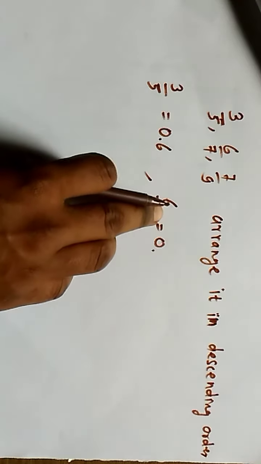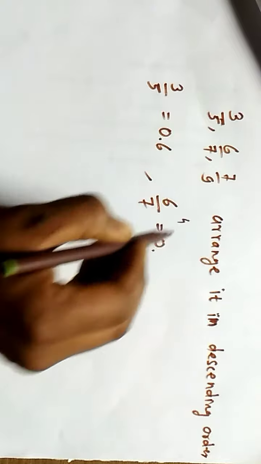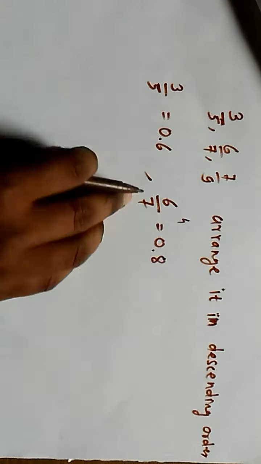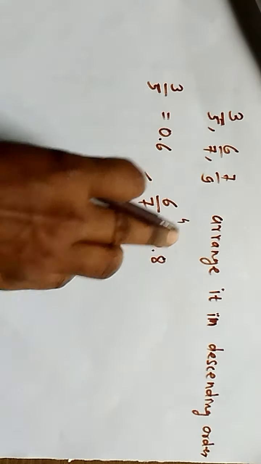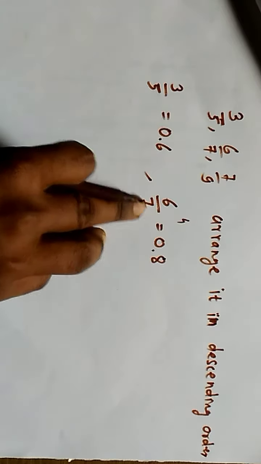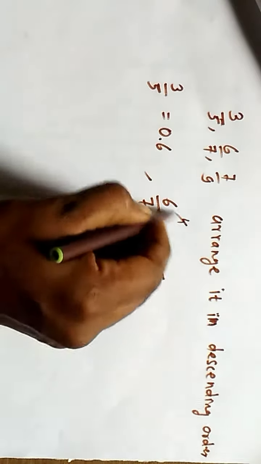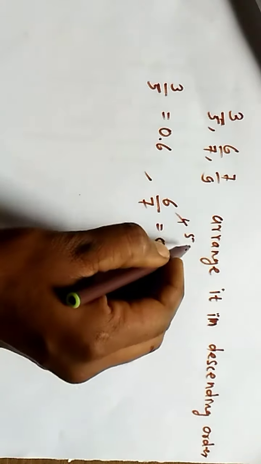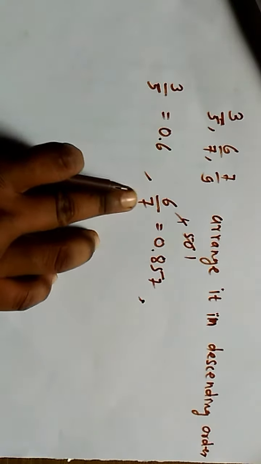Now this becomes 60, 7 8s are 56, remainder 4, this becomes 40. 7 5s are 35, remainder 5, this becomes 50. 7 7s are 49, remainder 1, so leave this. So 6 by 7 is about 0.857.